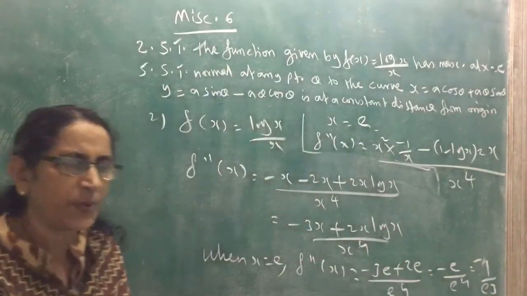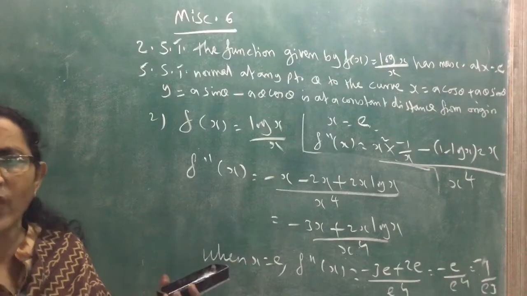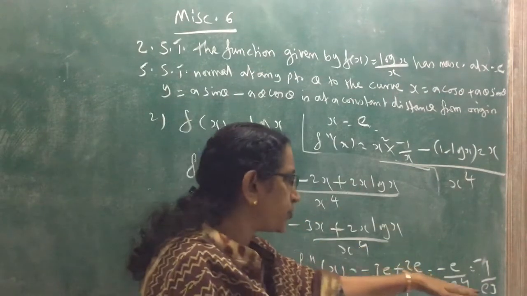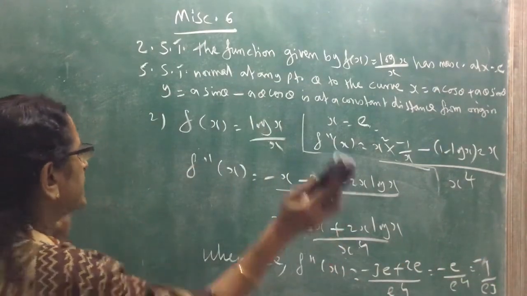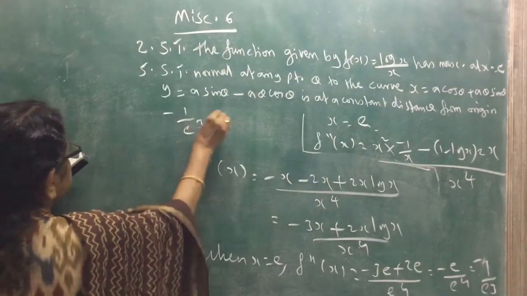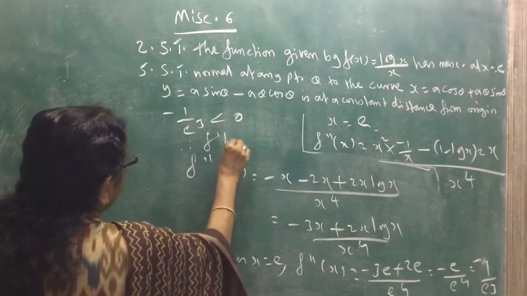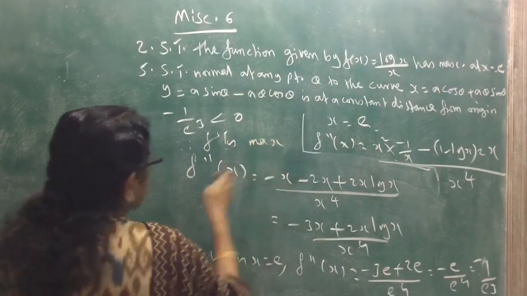We know e is a number between 2 and 3, so minus 1 by e cube is less than 0. Therefore f is maximum at x equal to e.